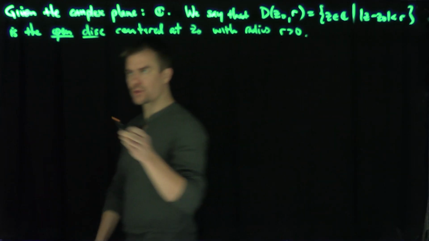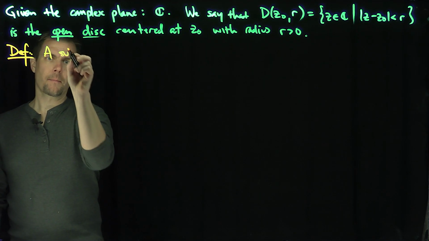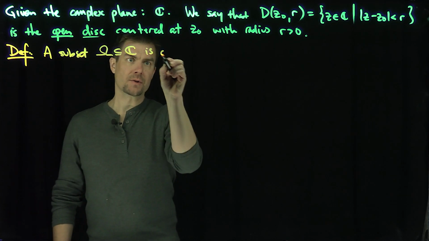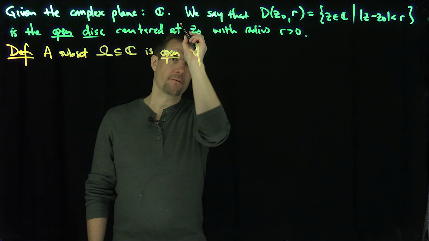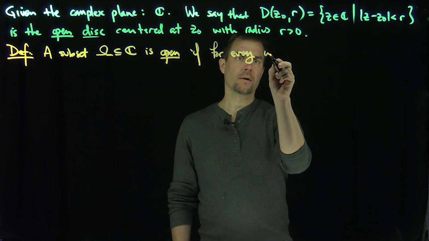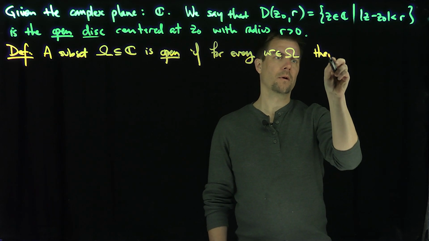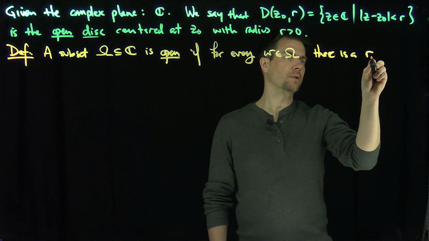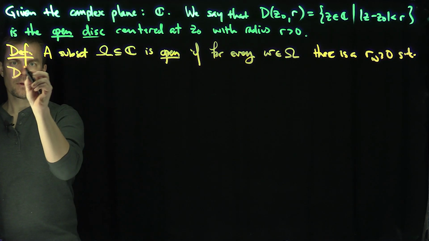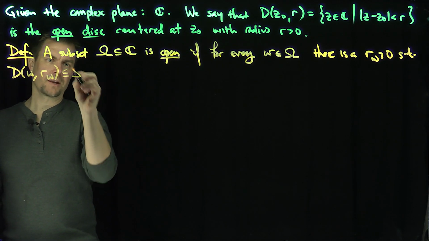So here's a definition. A subset omega of C is open if for every w in omega, there is an r_w greater than 0 such that the disk centered at w of radius r_w is strictly contained in the set omega.